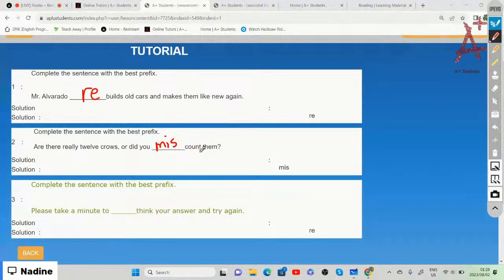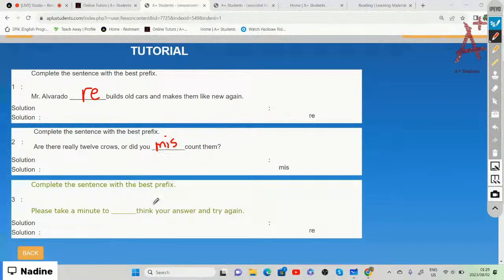And then we have the next one. Oh, and also when it comes to miss, remember we said the meaning of re means again, pre means before, and then miss. The meaning of the word miss is like wrong.